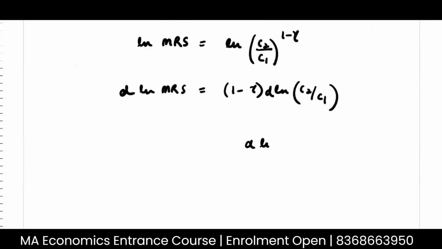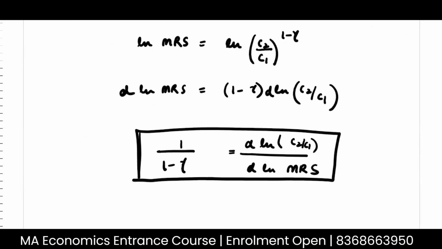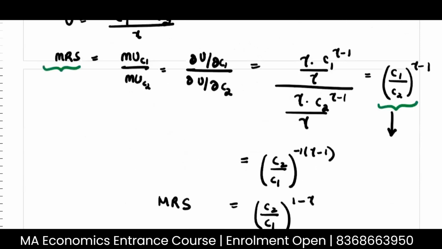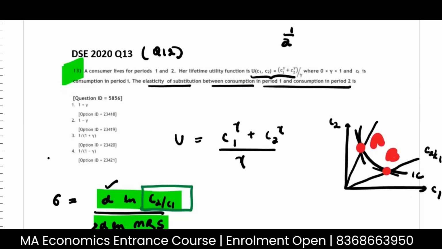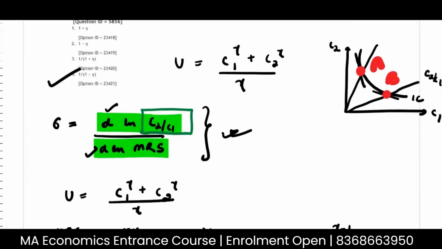And then d of ln C2 by C1 upon d of ln MRS will be given by 1 upon 1 minus gamma. So the answer to this question will be D. So pretty straightforward question. You just have to know this formula.